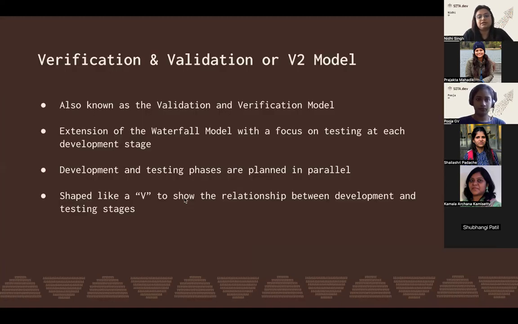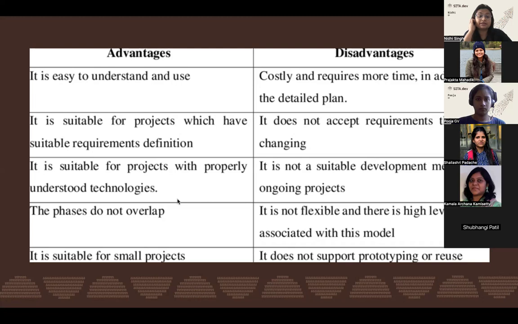Whereas if we see the disadvantages, it is costly because suppose we are in the third stage and the customer says, no, I want this also to be added in the previous stage, then it is very difficult. So that's why it is costly. Once the requirement is fixed, it is fixed.